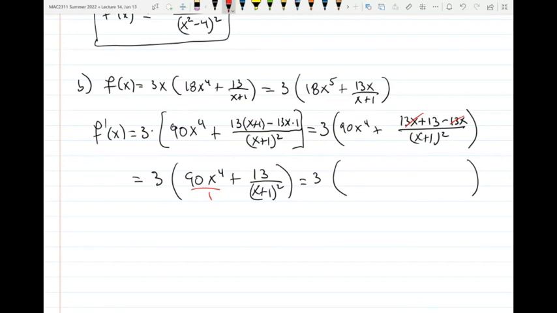So I'm going to multiply this by x plus 1 squared, top and bottom. So we get x plus 1 squared, and then in the top we have 90x to the 4 times x plus 1 squared plus 13.